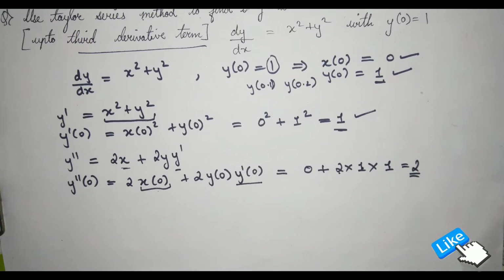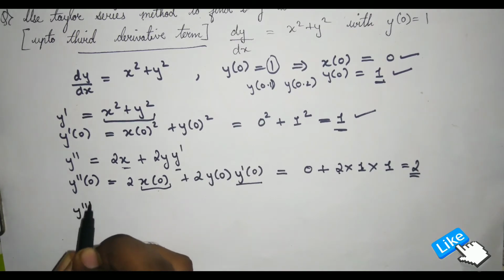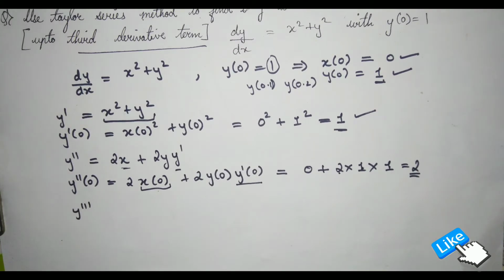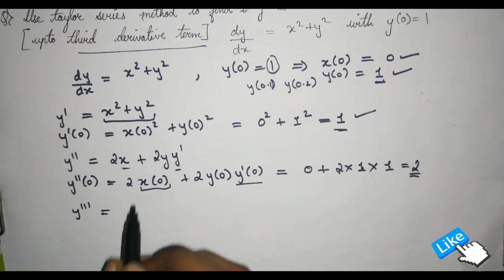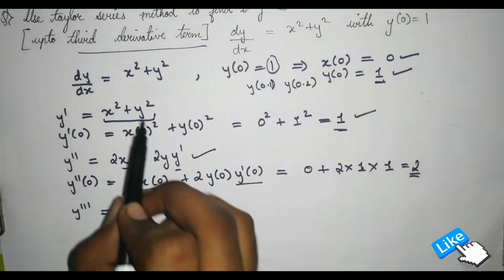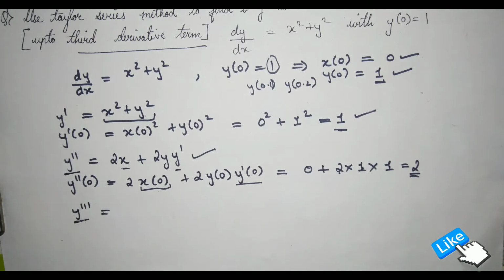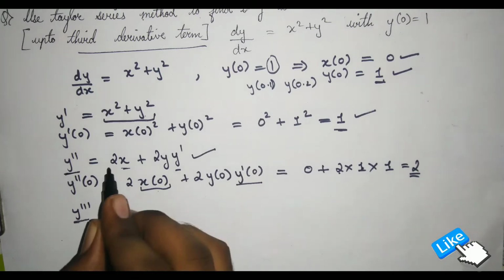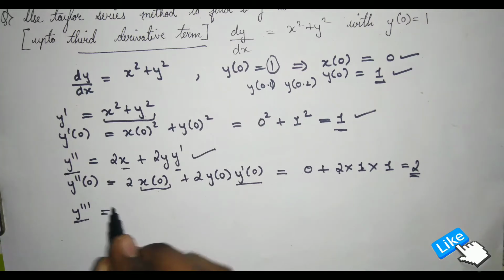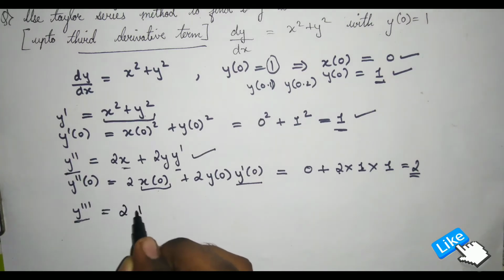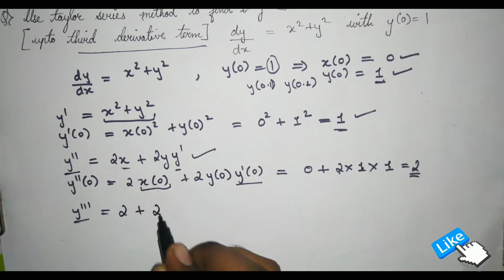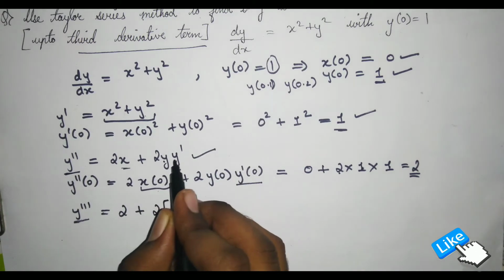Proceeding to y triple dash, that is the third derivative term. Here again you have to differentiate y double dash in order to get y triple dash, that is the third derivative. Differentiate this term with respect to x. 2x differentiation becomes 2. 2 is a constant, take it outside, y into y dash.